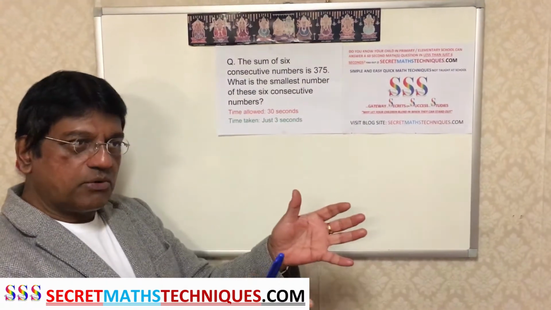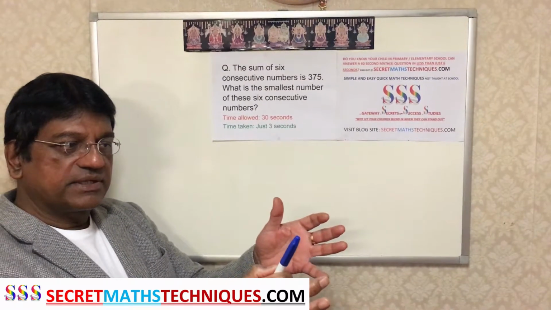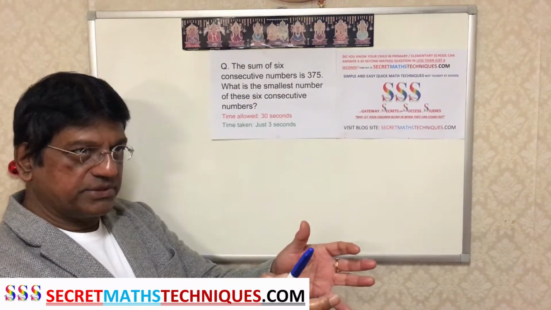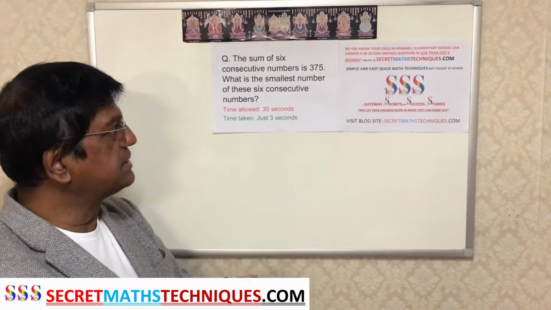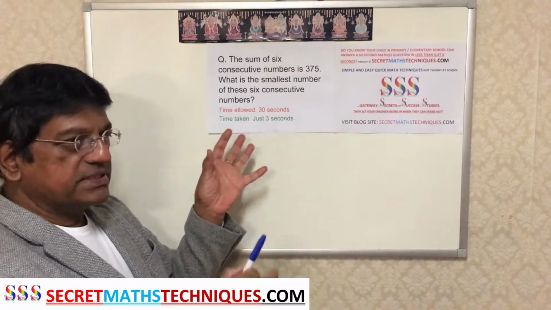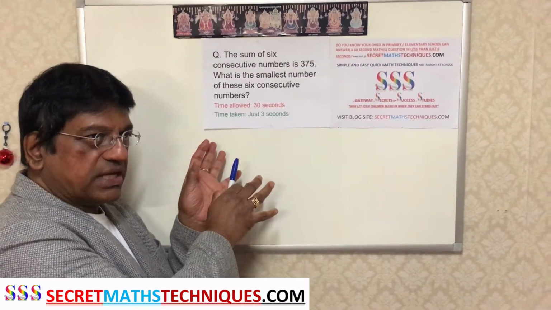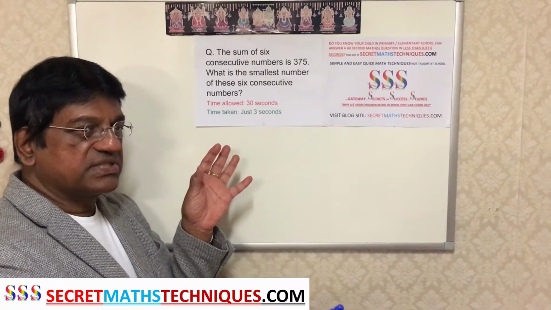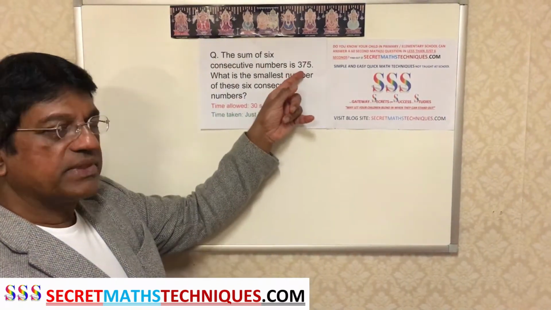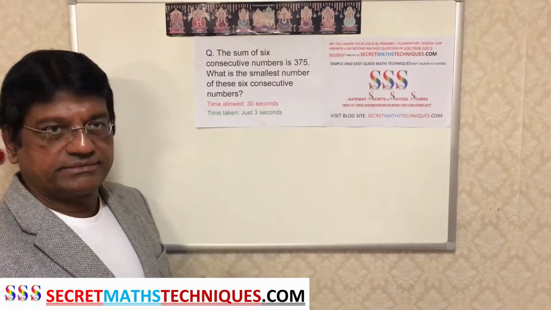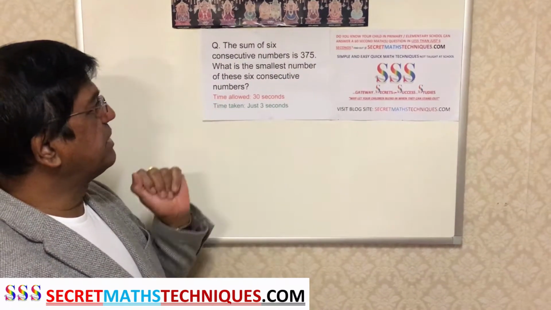If you total up all of them, it won't be 375 in the case of 40, 41, 42, that's an example. But whatever the numbers you're going to find as the answer, when you total up all those 6 consecutive numbers, it is coming to 375. That's what the question says so far.